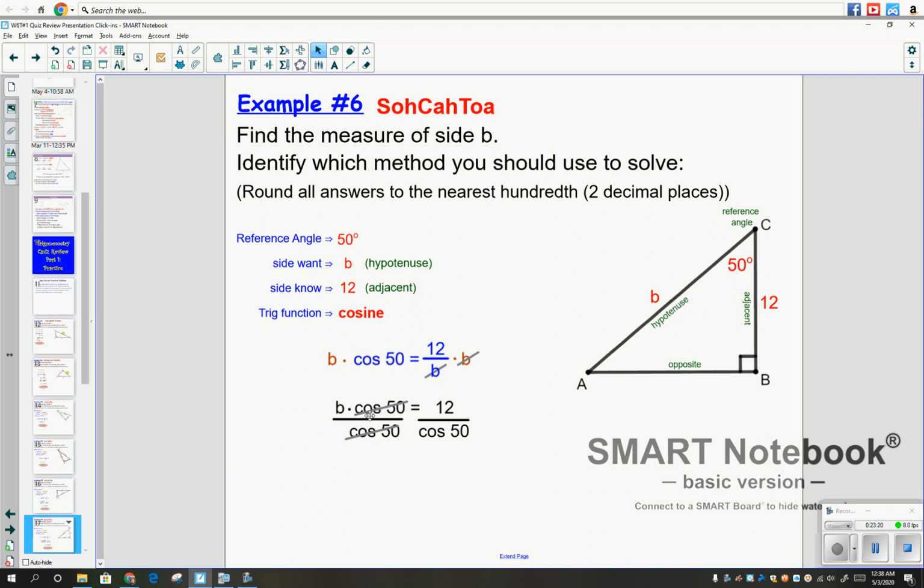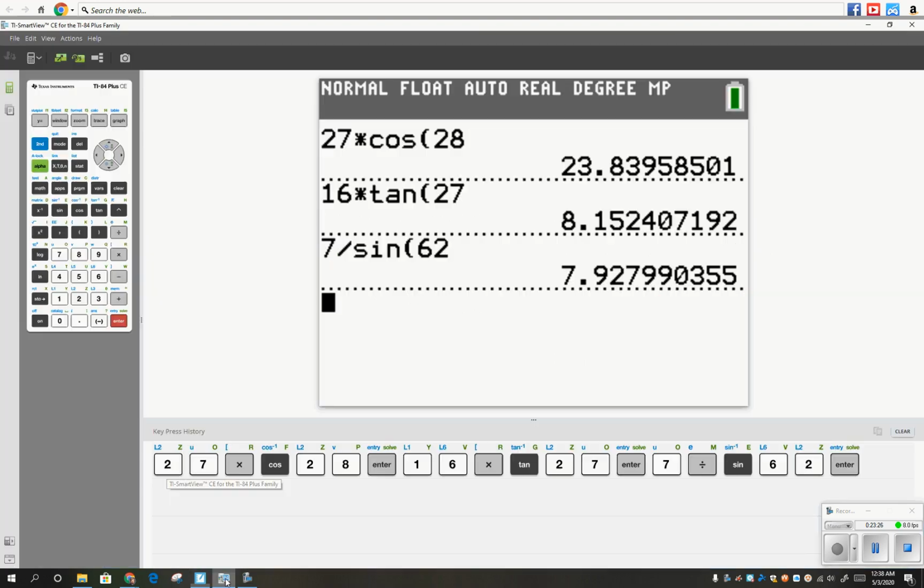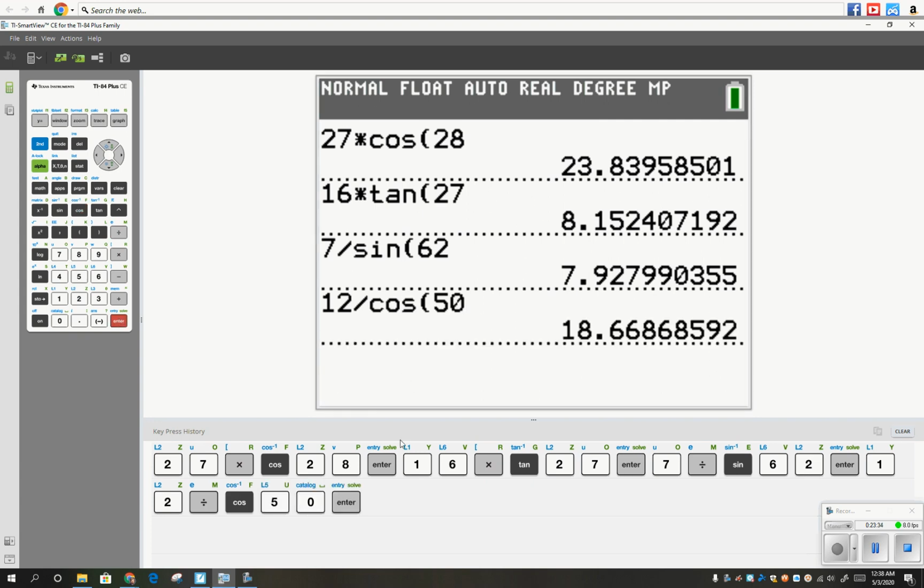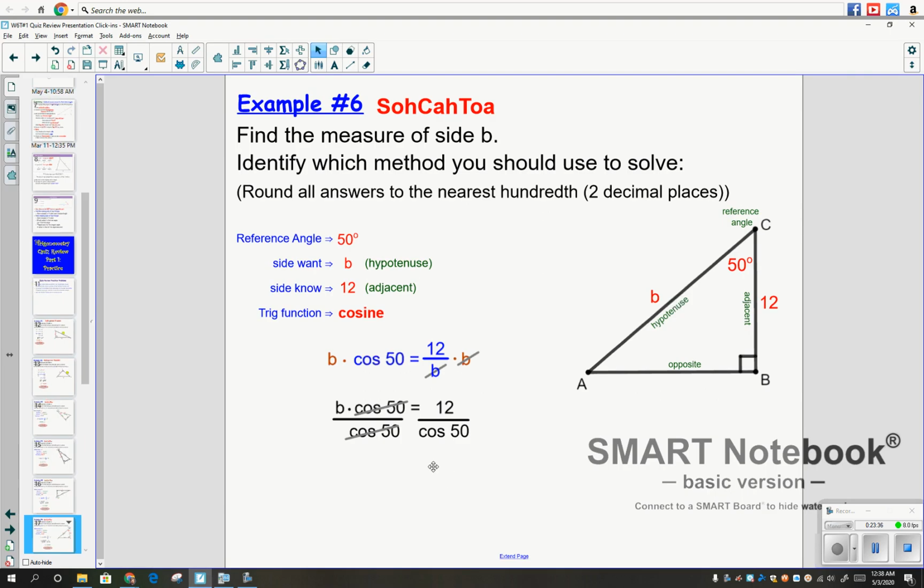They'll cancel out, and the right leaves me with just b. b will equal 12 divided by cosine of 50. 12 divided by cosine of 50 equals 18.668. The third number, which is 8, tells me to round up, so 18.67 is my answer.